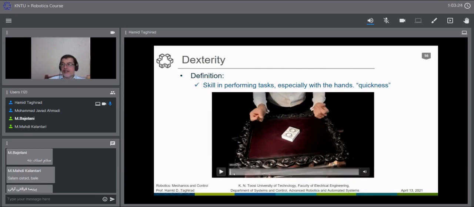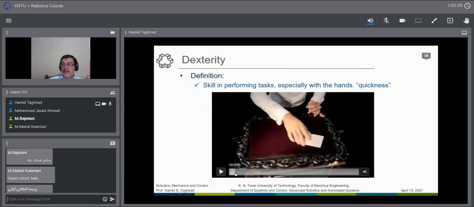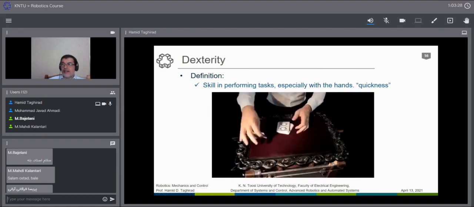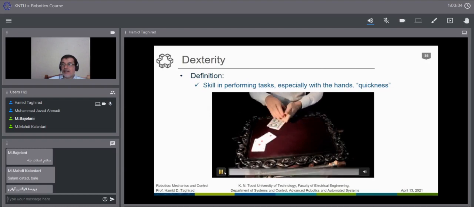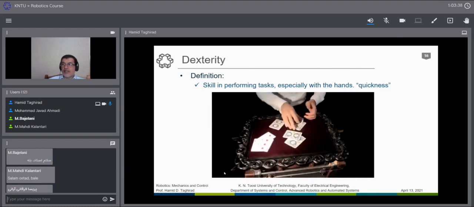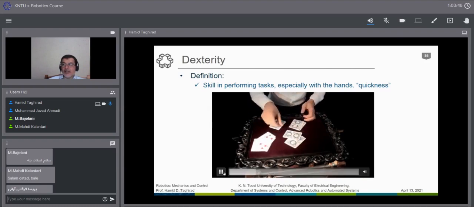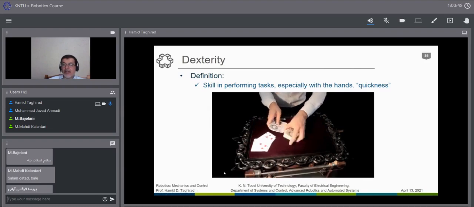Look at here again. It seems that it is mixing, but it is not mixing. They put everything in its place.